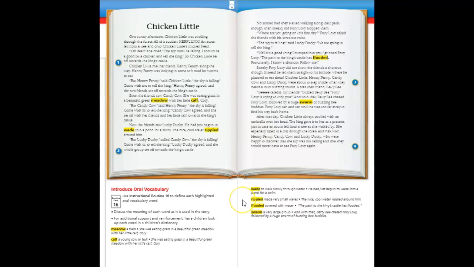The next word we saw was the word rippled. The word rippled means made very small waves. The word rippled was used in our story when it says, "The nice, cool water rippled around him."